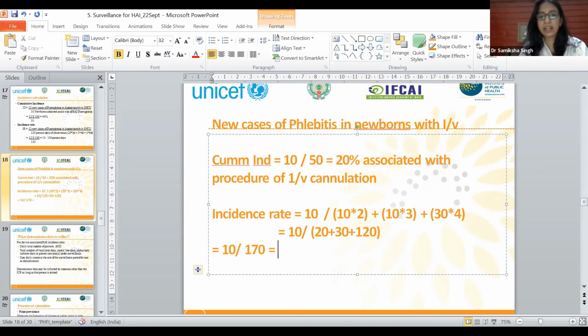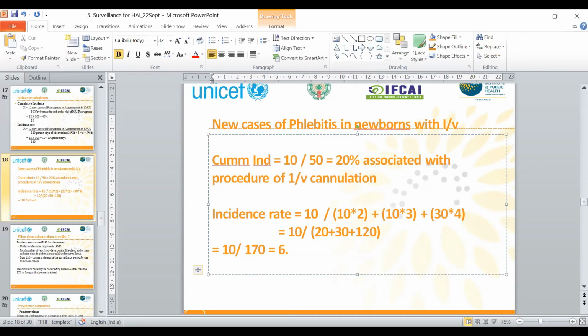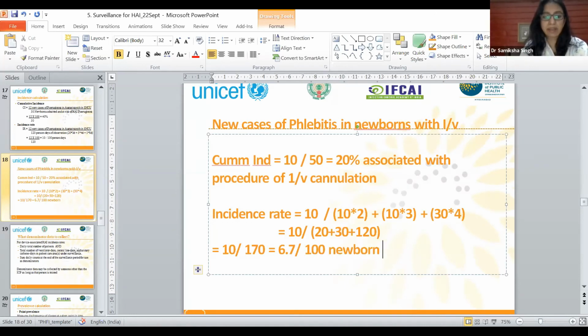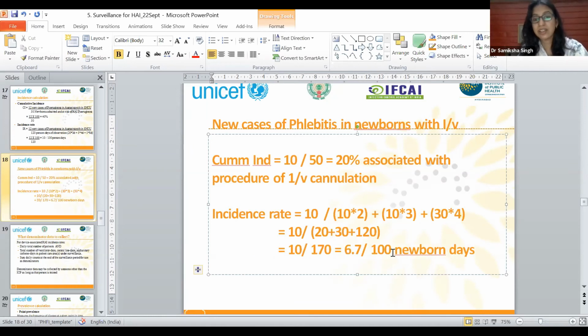And if you calculate that in percentage, I don't know how much it will come, but if you multiply it by 100, it should be something like 6.7 per 100 newborn days, if my math is anywhere close. Okay, so this is how you can calculate. This is the difference.